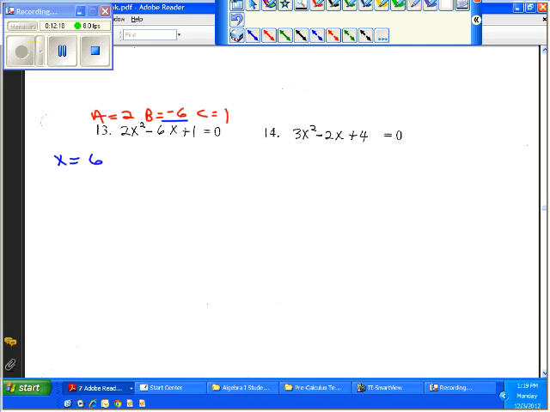The opposite of a negative 6 is a positive 6. Plus or minus the square root of b squared. Remember, if you intend to square a negative, then you have to put it in parentheses squared. So we put negative 6 in parentheses squared. Minus 4 times the a value of 2 times the c value of 1, all over 2 times the a value of 2.